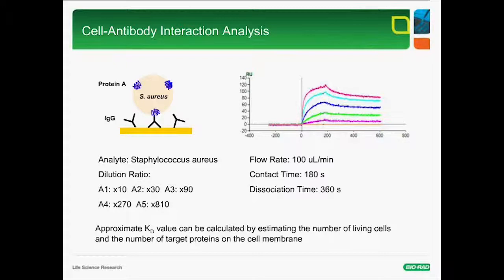So SPR provides the interaction analysis between the whole bacterial cells and the antibody. So as shown here, the binding analysis was achieved using the ProteOn XPR36 system. And as I mentioned, the article published in Japan contained more examples between antibodies and mammalian cells.